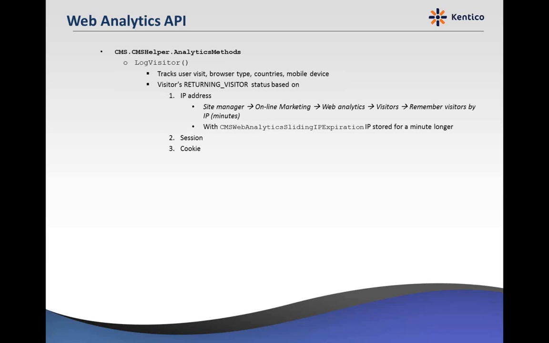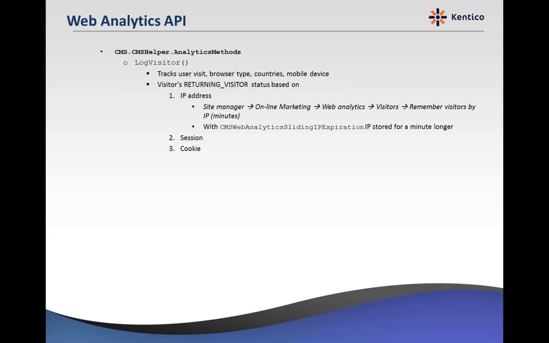As I explained earlier, the system will first try to use the IP address to identify a returning visitor, just because we can control whether the IP address collection exists or not, right? With the session or cookie, if they remove cookies, clean up the cookies, the session is gone, or the cookie is gone, so it would be more difficult to figure out the status.